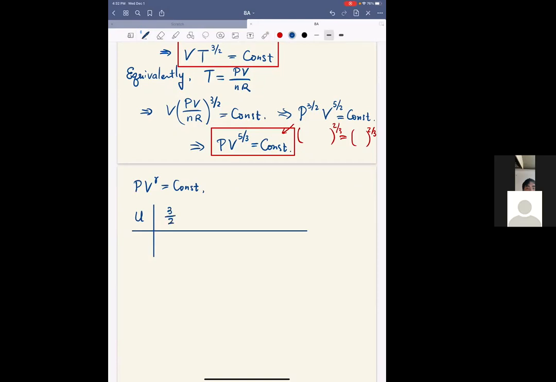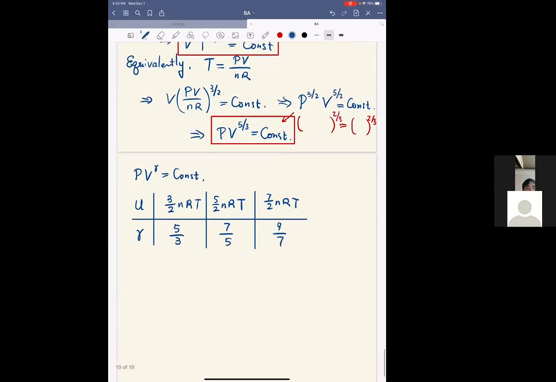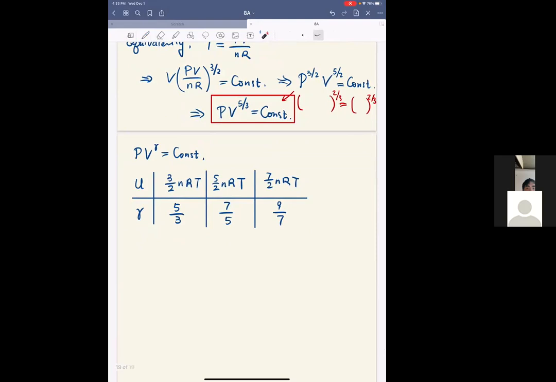So when the internal energy is 3 over 2 nRT, we've seen that gamma equals to 5 over 3. And when U is 5 over 2 nRT, then from a very similar derivation, we can get that gamma is 7 over 5. And for U equals to 7 over 2 nRT, we will get gamma equals to 9 over 7. So this is how we relate the gamma to the coefficients here.